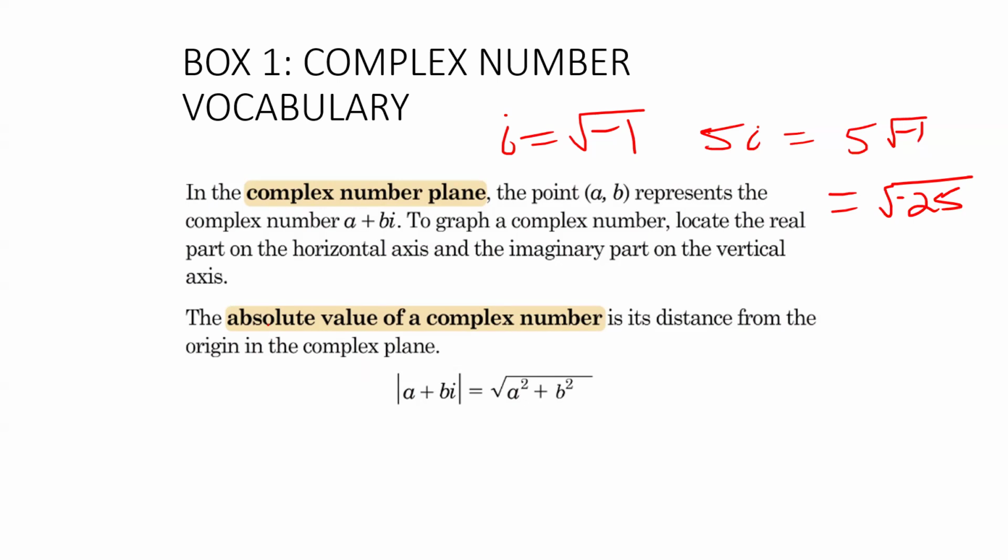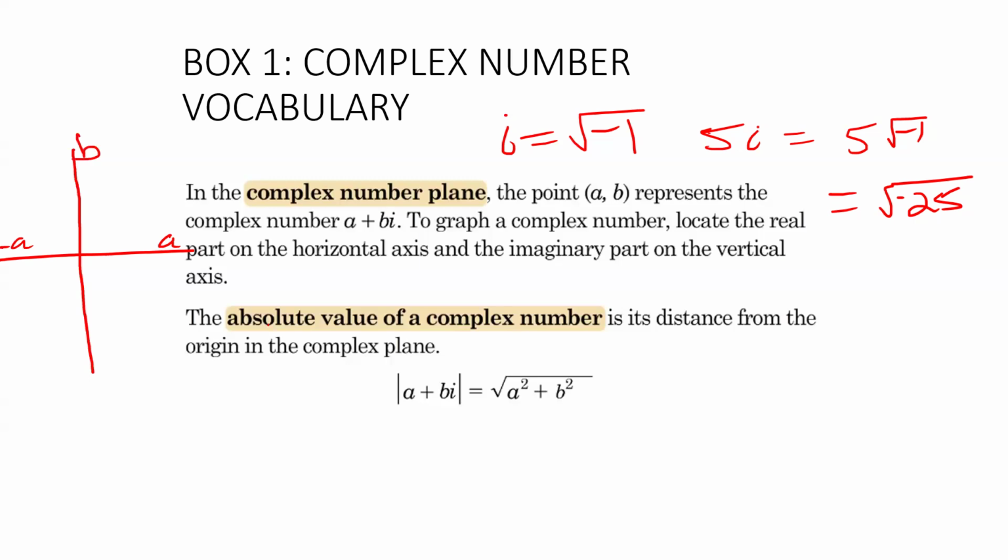Okay, so how does this work in terms of graphing them? Complex number planes are still on an XY plane. The only difference is that your x-axis is your real axis, where your a value is. If a is positive, you go to the right. If a is negative, you're going to the left. Your y-axis is going to be your b.